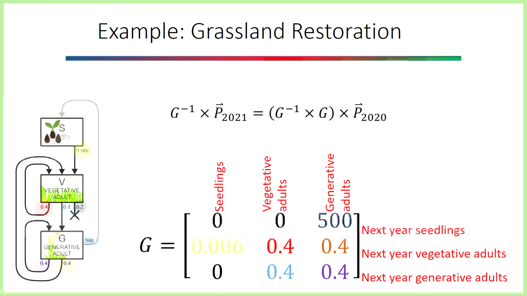So really, we have the identity matrix times P 2020 on the right-hand side of the equation. And of course, the identity matrix times the matrix P 2020 is simply the matrix P 2020. So we can see that if we can find G inverse, we will be able to calculate the previous year's population structure from this year's population structure. So let's try to find G inverse.